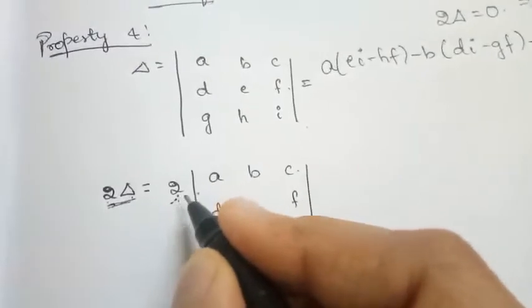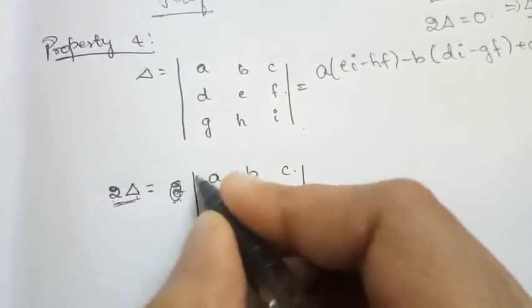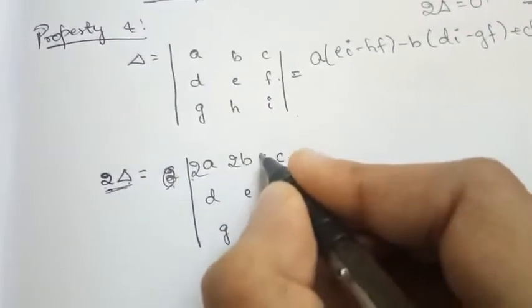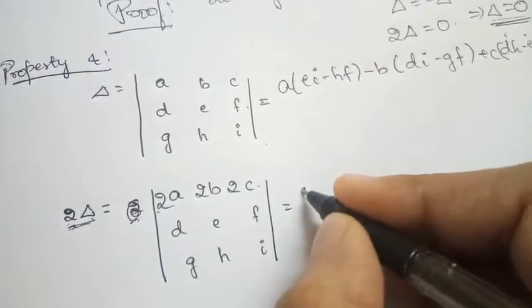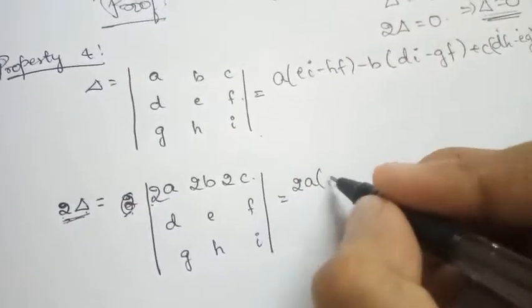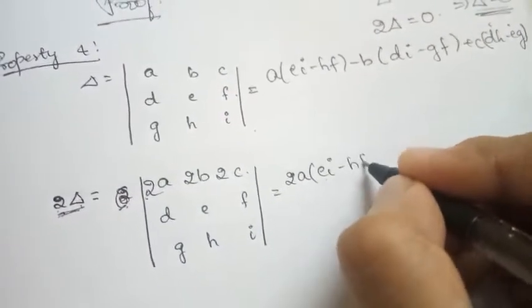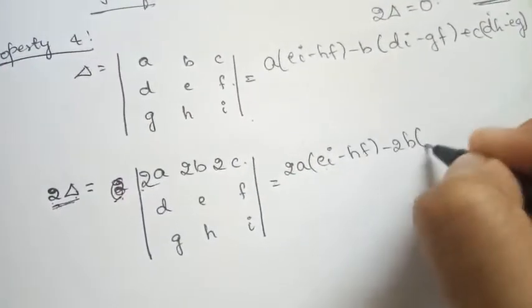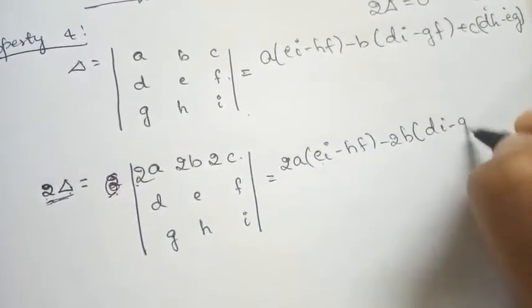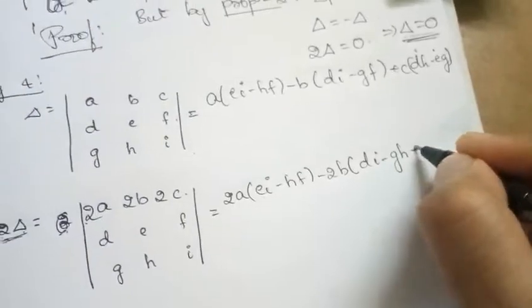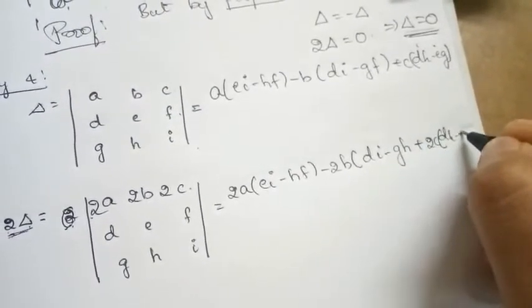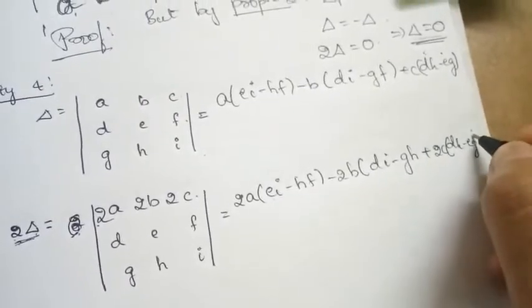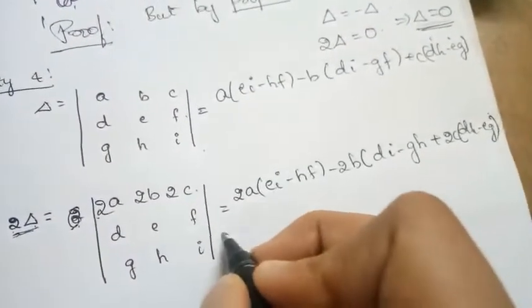Suppose I multiply this k to the first row, that is kA, kB and kC. Now I expand this determinant: kA(EI minus HF) minus kB(DI minus GF) plus kC(DH minus EG). So this is the value of this determinant.